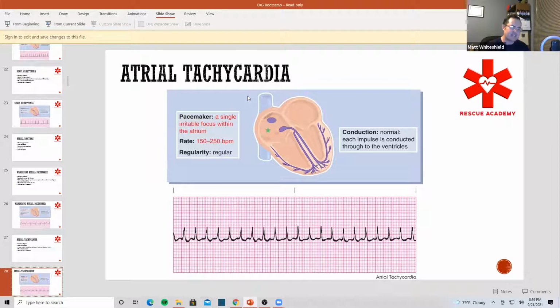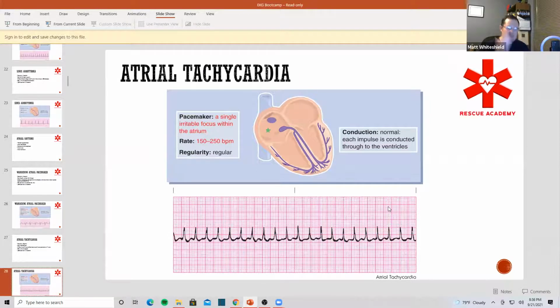Now, if you look at this example right here, this heart rate is extremely fast. And I don't know if that's a T wave or a P wave. You just don't. It's too smushed together. Is it a narrow complex QRS? Yeah, it is. And is it regular? Yeah. Are those P or T, whatever those are, upright? Yeah, they are.